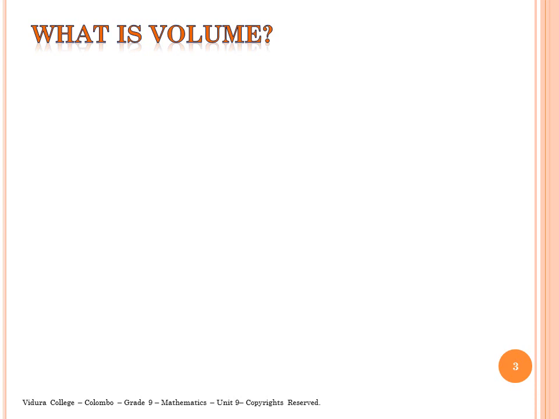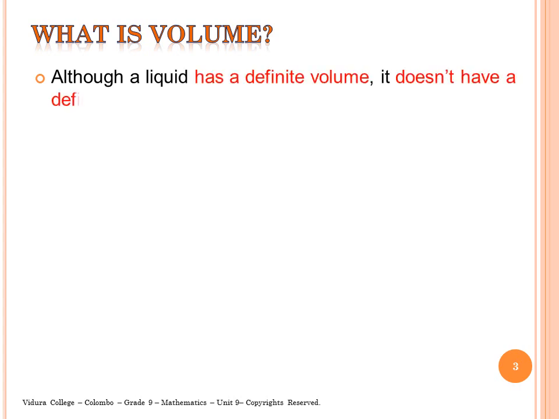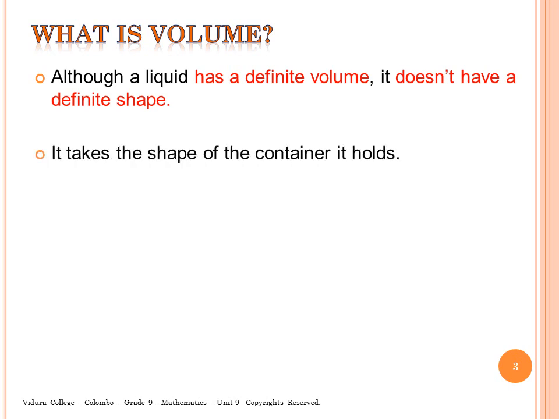Next, we'll consider a liquid. Although a liquid has a definite volume, it doesn't have a definite shape. It takes the shape of the container it holds. For example, look at the following picture.